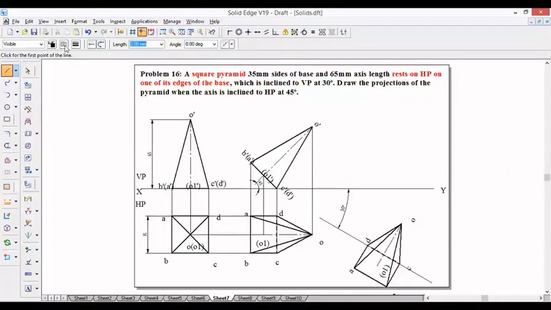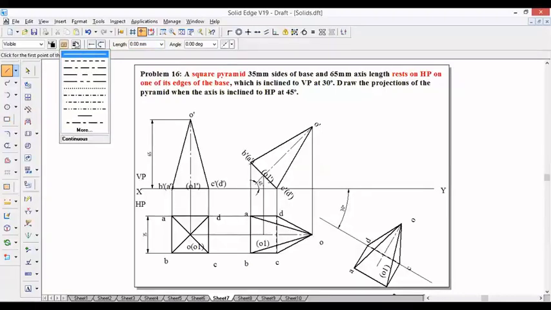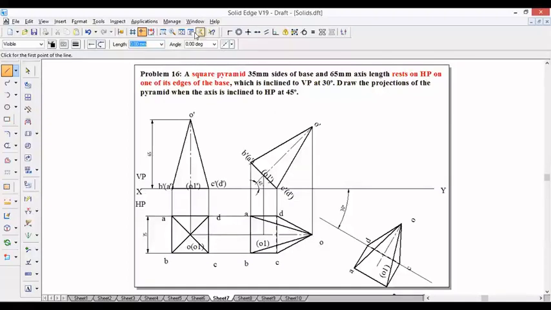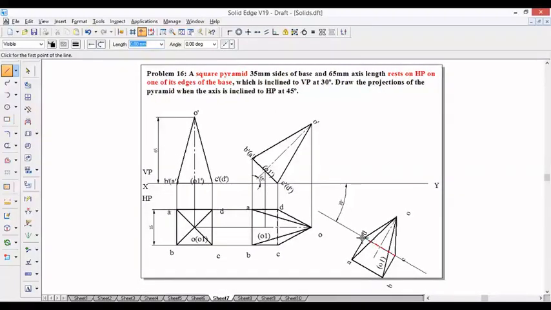Then take the projection with a 0.13 mm line. The projection of A will be till this endpoint, join it to this. B is also coming on the same line.